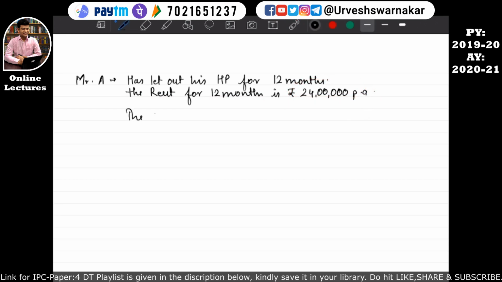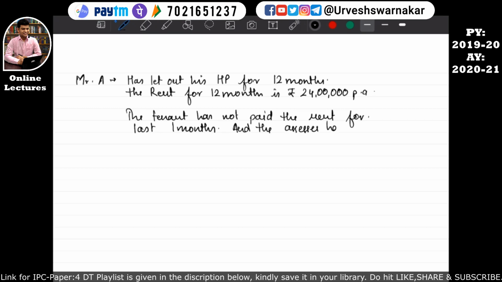Okay, the tenant has not paid the rent for the last 1 month. And the assessee has made all the efforts as per rule 4 of Income Tax Rules 1962.